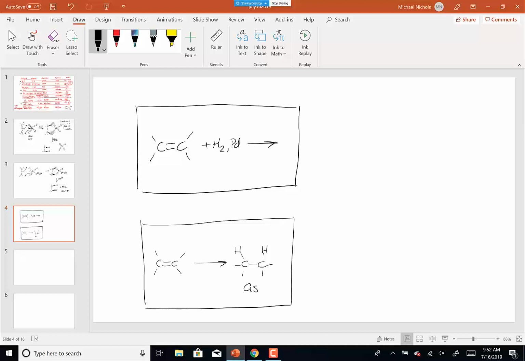We're going to have to begin to think in the backwards direction. So thinking in the backwards direction would be, I want to convert a double bond into an alkane. How do I do it? And so saying, okay, well, let's see, I need hydrogen and palladium.